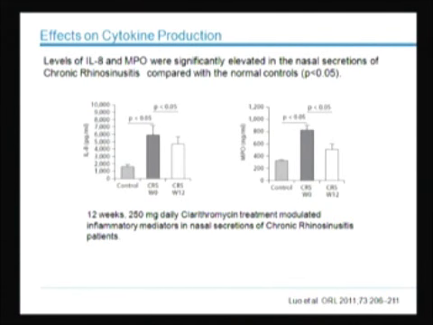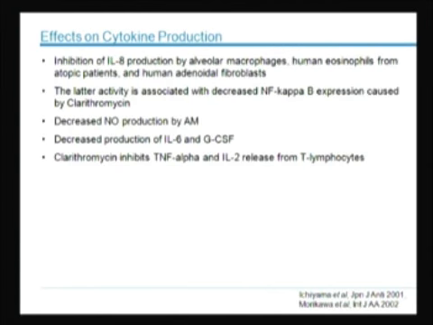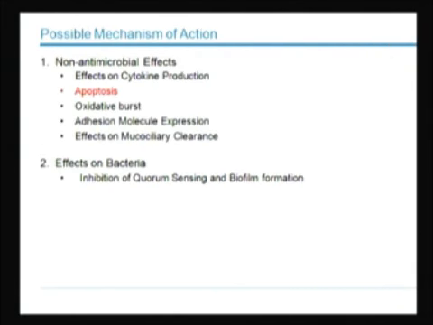By week 12, treated by clarithromycin, we had a drastic and significant decrease in IL-8. So inhibition of cytokine production could be a mechanism of the non-antibacterial effect of macrolides.